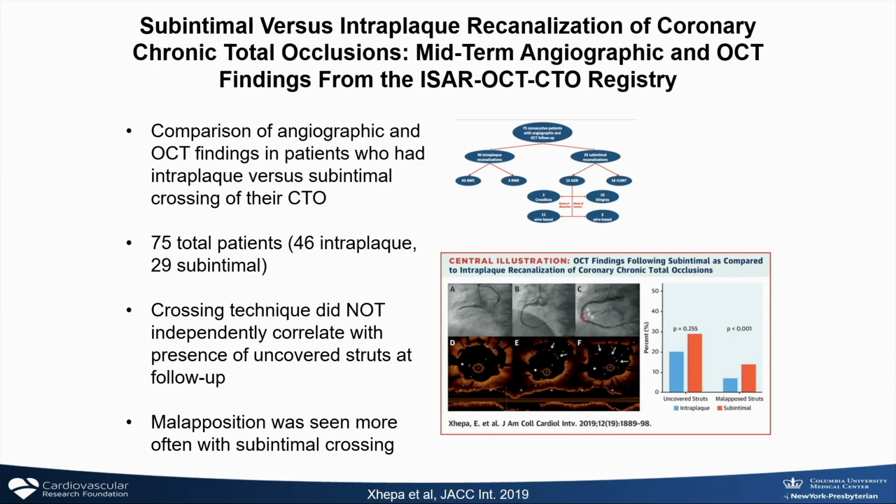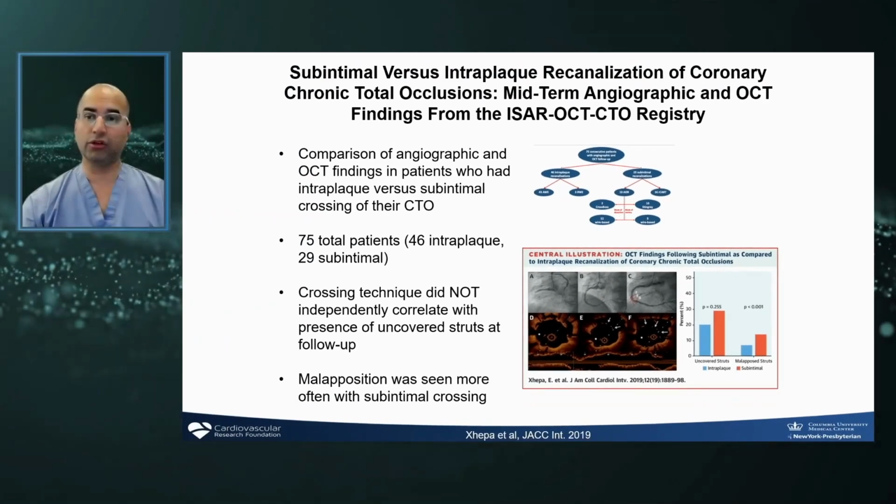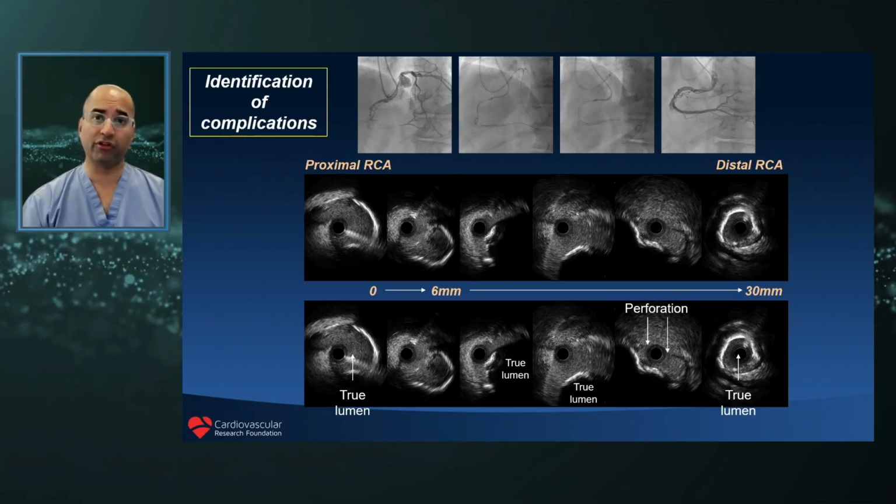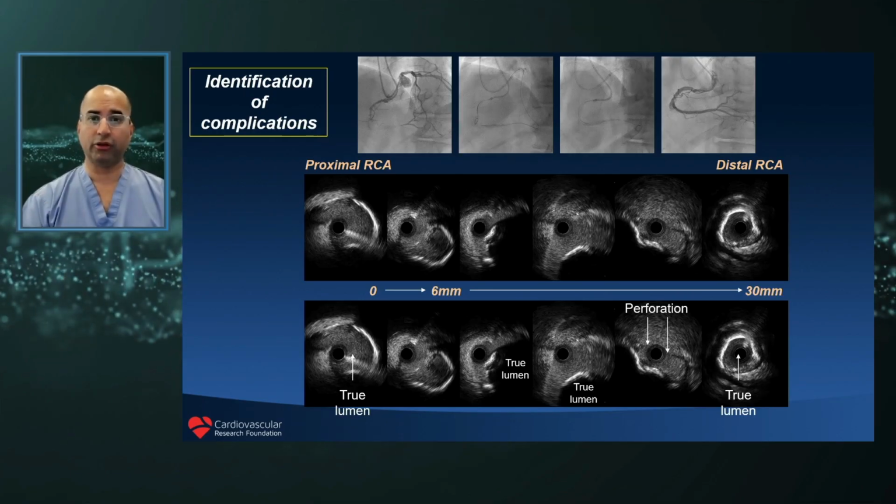This has also been corroborated with an OCT-based study that showed that while you had more malapposition up front, the rate of uncovered struts didn't really matter whether you were subintimal or true lumen. So I think for the most part, it's not going to change whether you identify one versus the other, but if you're not connecting, it can be useful to put the IVUS catheter down. And by the way, you're doing that without injecting dye so that you're not going to make the lumen bigger.